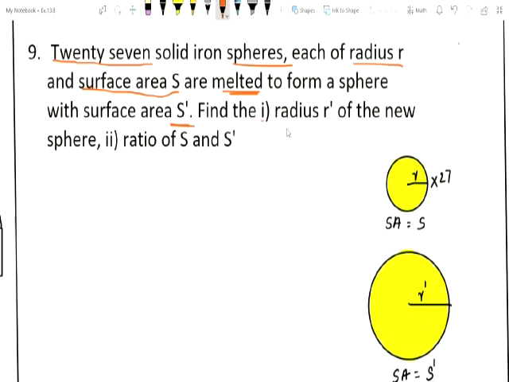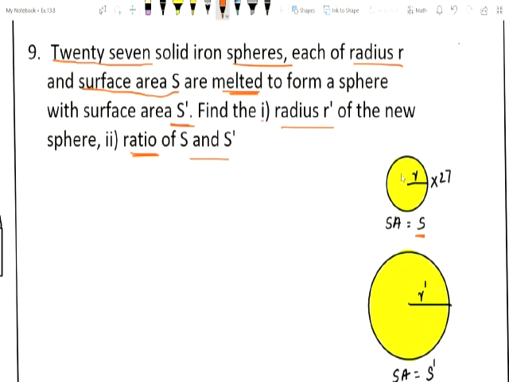So find the radius r dash of the new sphere, and second one, ratio of s and s dash. Okay, see here, this is a sphere, this radius is r, this surface area is s. Okay, like this sphere, how many sphere we have? 27. The same like this we have 27 sphere.